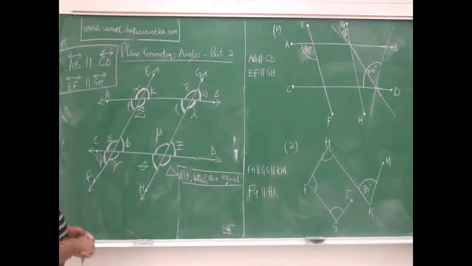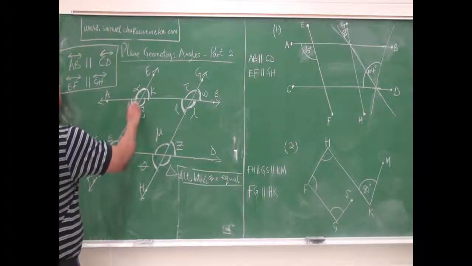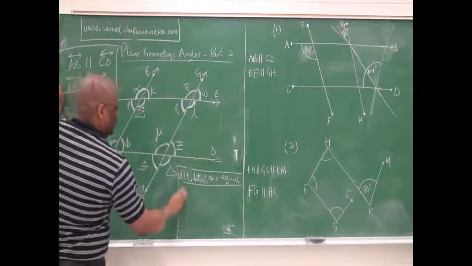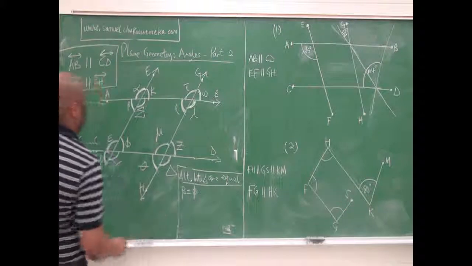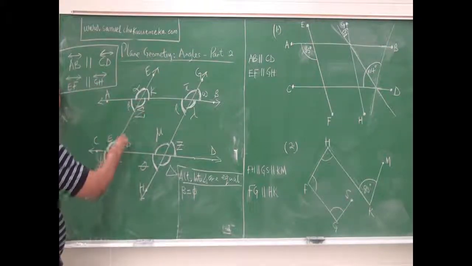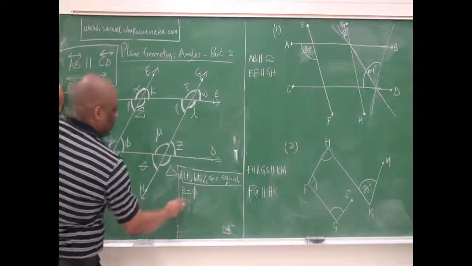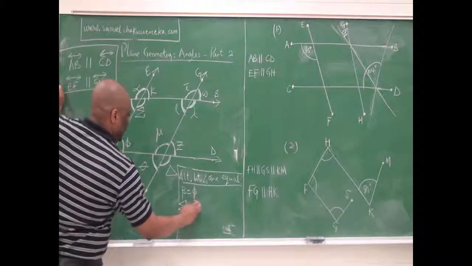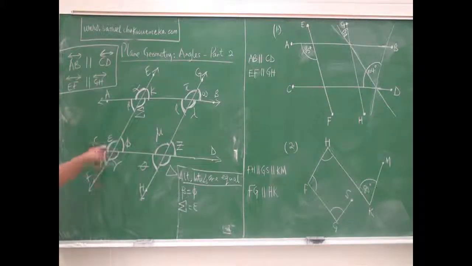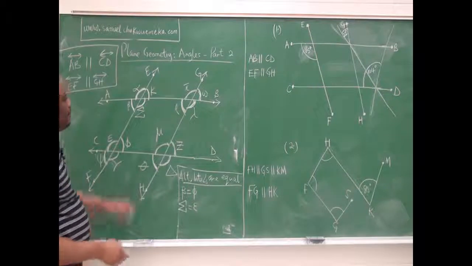So here we have the Z angles. Let's find the Z. Beta is equal to phi. Sigma is equal to epsilon in this case.